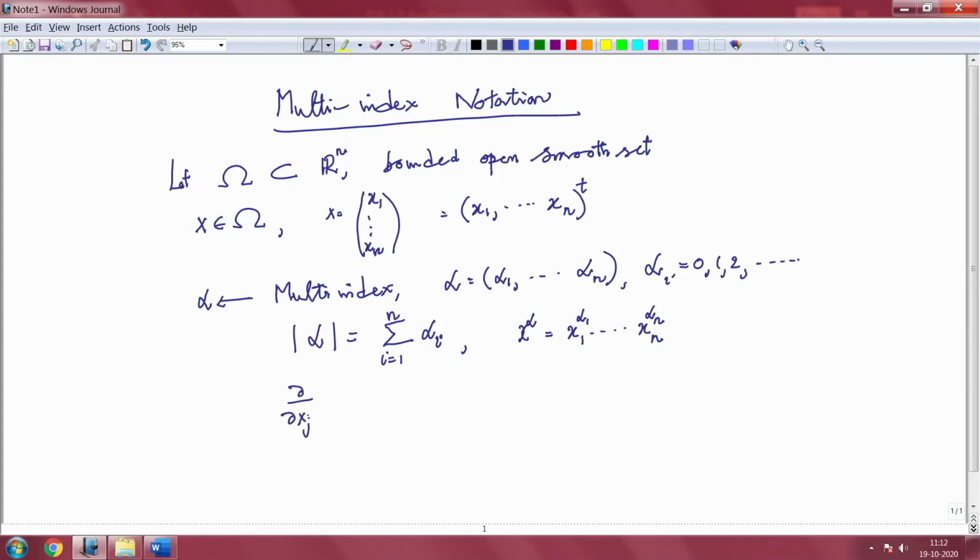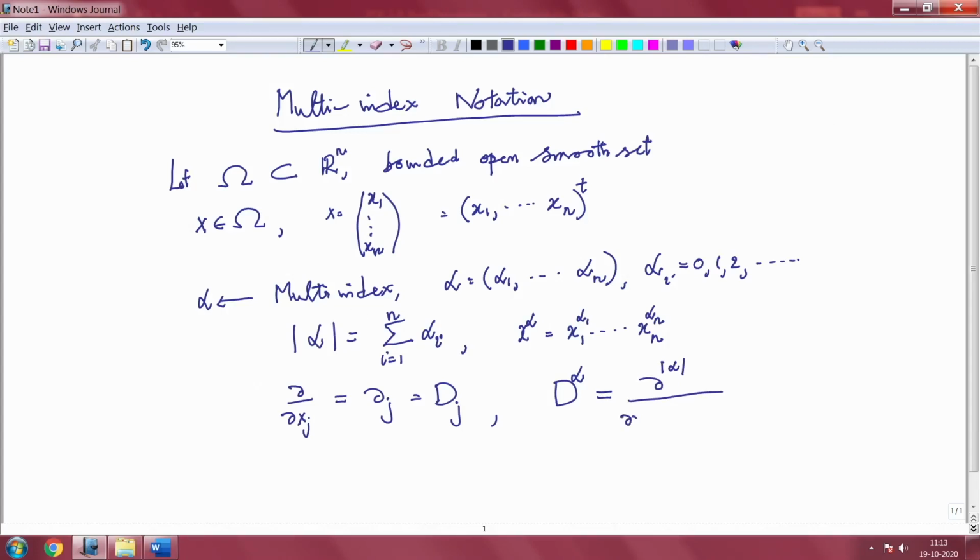We use various notations, and sometimes we also use dj, all will be the same for us. The more important thing is that you can also put D power alpha. What is D power alpha? D power alpha is the derivative, you take the derivative up to mod alpha times. That is the advantage of the multi-index notation.